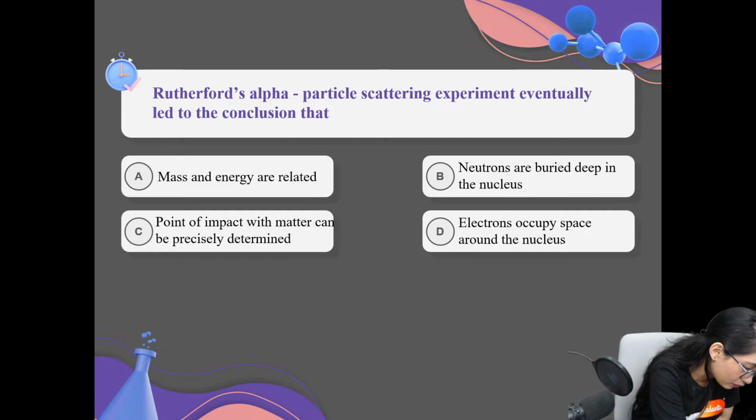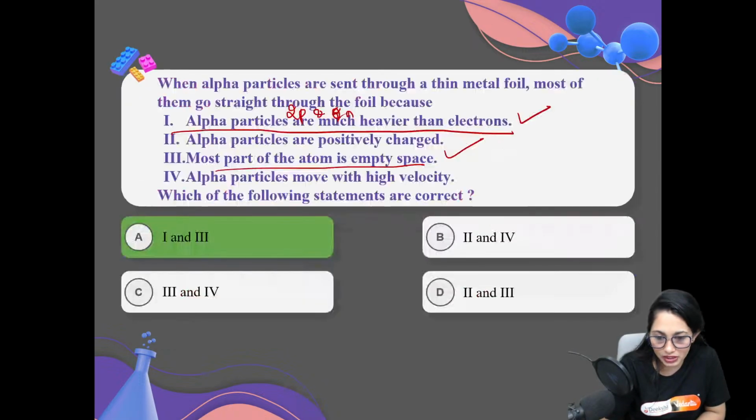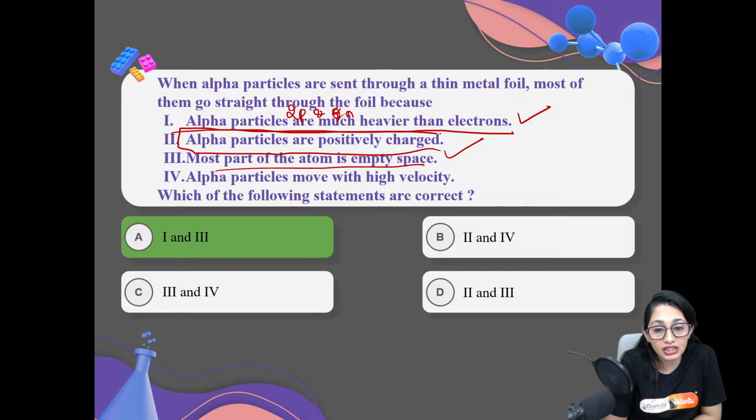Option B, ma'am, but why not D option? Let's see. Second and third. Alpha particles are positively charged. Yes, this is true. But this is not the reason for them to pass through the foil. So alpha particles are much heavier than electrons. That's why they could pass through the foil.